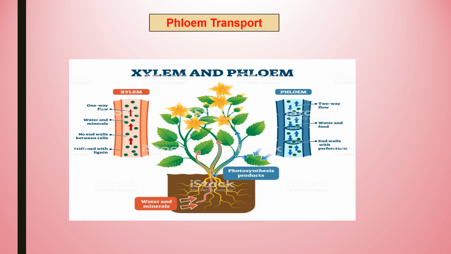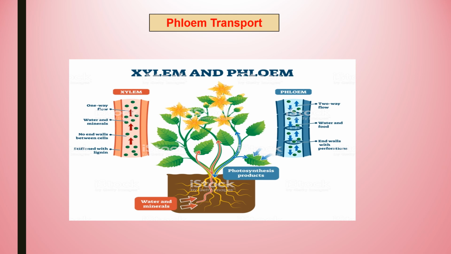Since the source and sink relationship is variable, sometimes the food is moved from the source to the sink, and sometimes from the sink to other parts of the plant. The direction of movement in the phloem can be upward or downward according to the season.